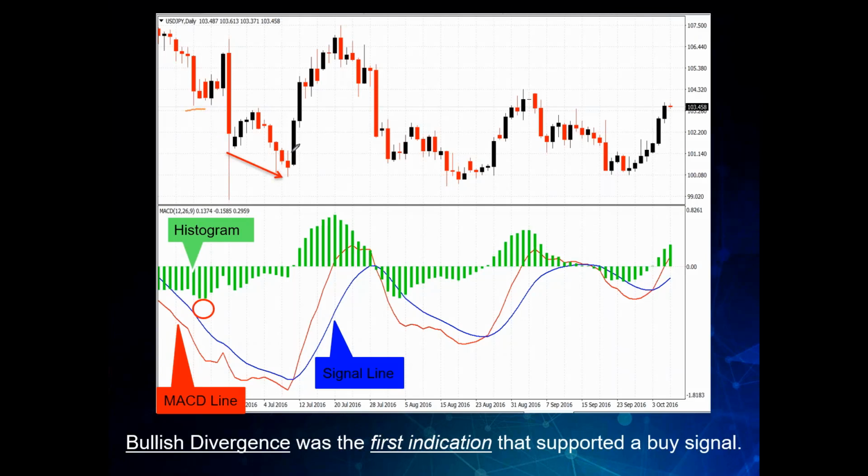So what divergence means in terms of bullish in this case is that as price is declining, the histogram is going up. Now, when it cuts through zero, on the way up is bullish, and on the way down is bearish. So you've got a buy signal here, a sell signal here, a buy signal here, and a sell signal here, and a buy signal here, because it's cutting through the zero line.